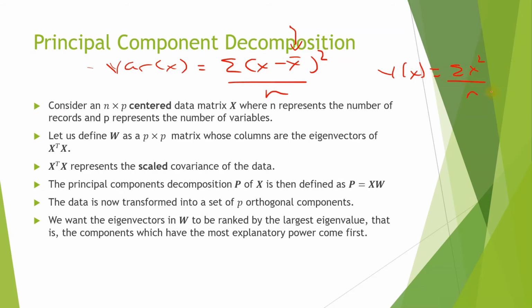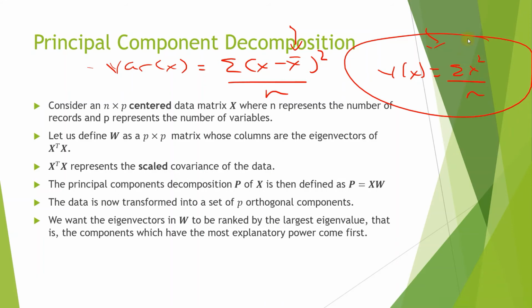Sum of x squared divided by n. Why? Because the mean is 0 for the new set of data. If it has been demeaned, it's going to be equal to 0. So in the end, it's just the sum of x squared over n. There is no need for us to write down the sum of (x minus x bar) squared for this new centered data, because if it's already centered, whether you subtract the mean or not doesn't make any difference at all.